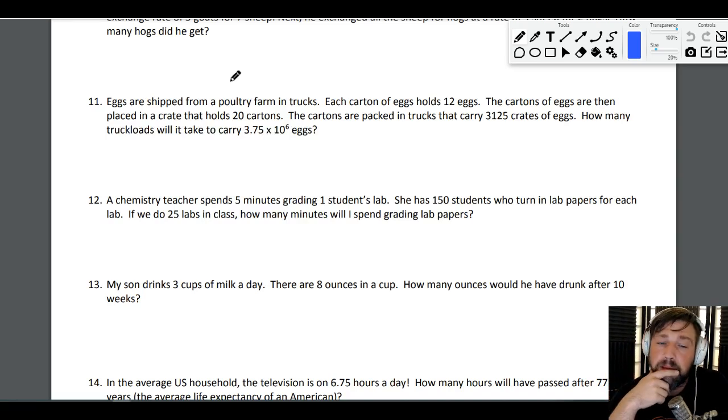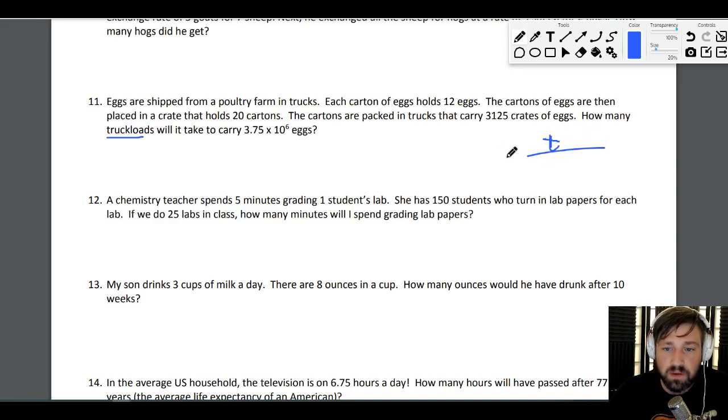All right. Again, this is pretty straightforward. What are we looking for? We need truckloads. Okay, so truck. I'm just gonna make this a T. This is gonna be what we're after. Okay, let's go through and look at everything we know.